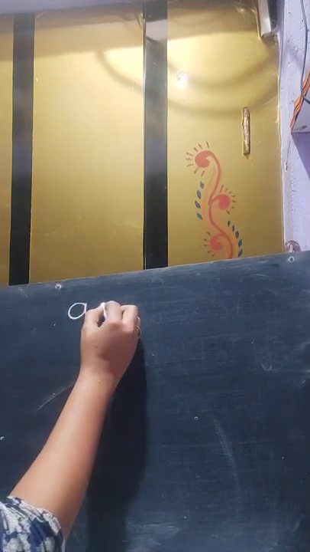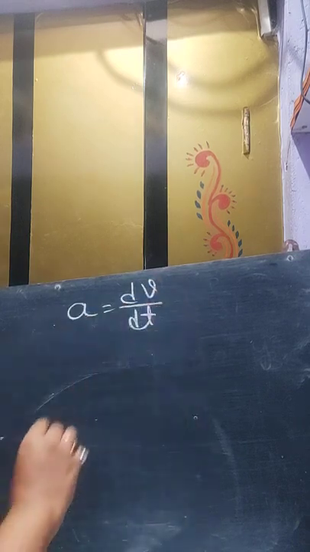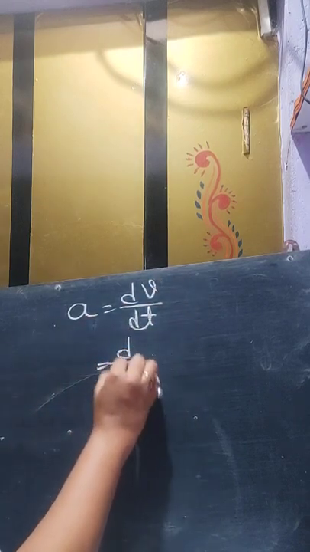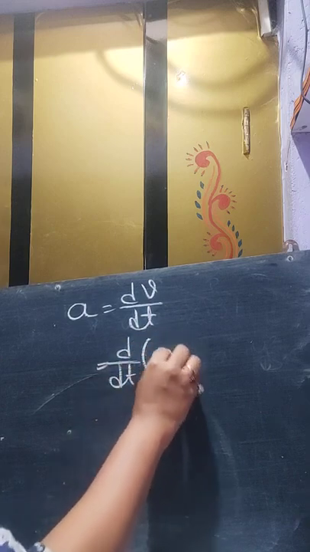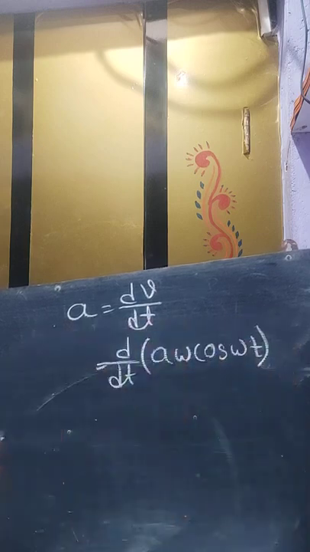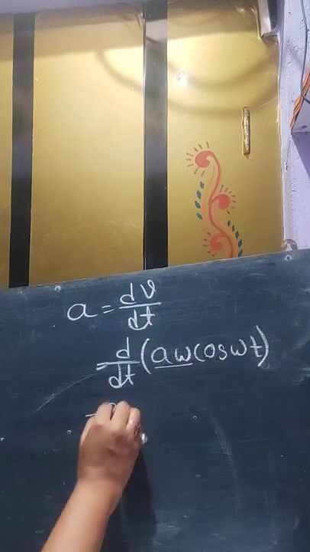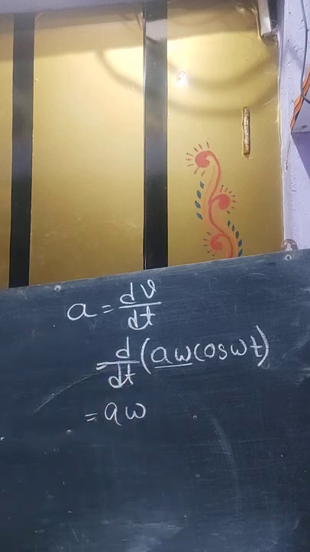So, what is a? a is nothing but dv/dt. This is the differential form, right? So, now in dv/dt, instead of v, we can write a omega cos omega t. Okay. So, a omega is the constant term, that's why I am taking it out.